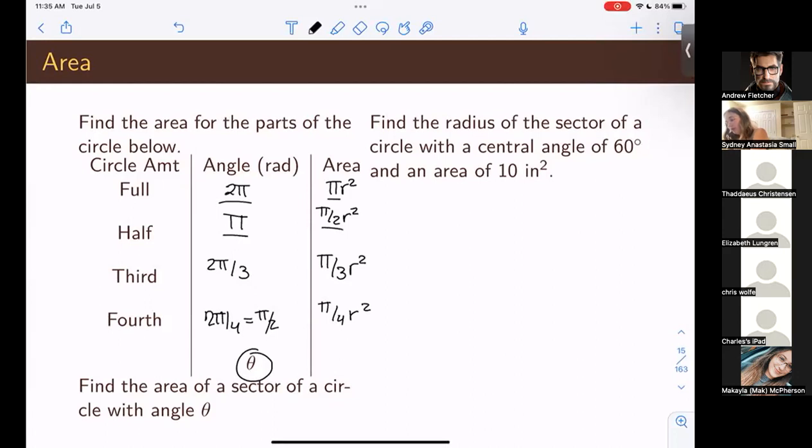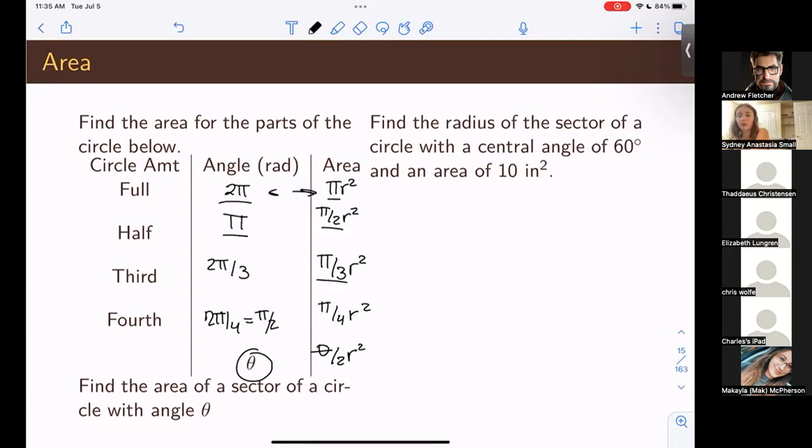If the angle is 2 pi thirds, we divide it by 2 to get pi thirds r squared. If the angle is 2 pi fourths, we divide that by 2 to get pi fourths r squared. So in general, if I say your angle is theta, the area of that sector will be theta over 2 r squared. And it makes sense if you think about it. You could just replace 2 pi with theta for any of these comparisons here, and it works.